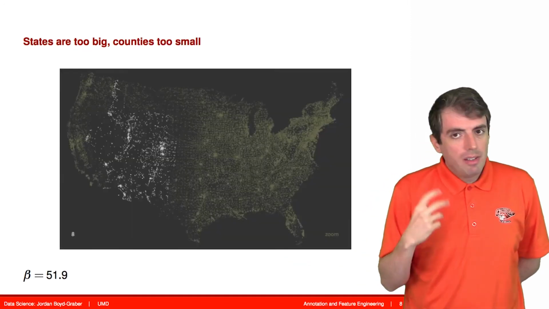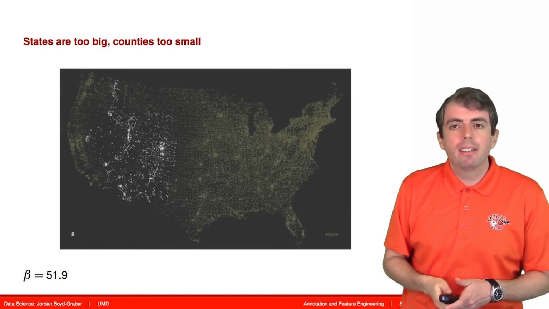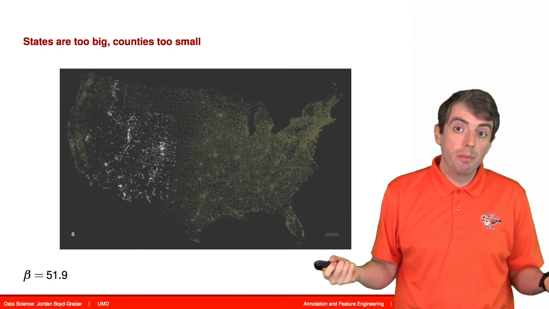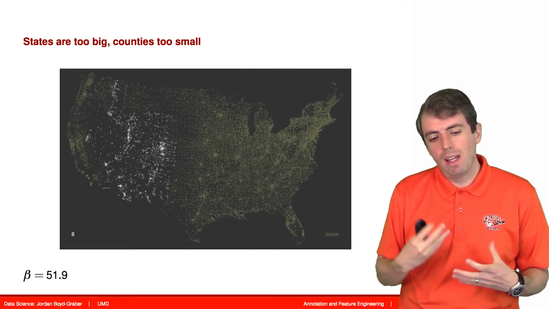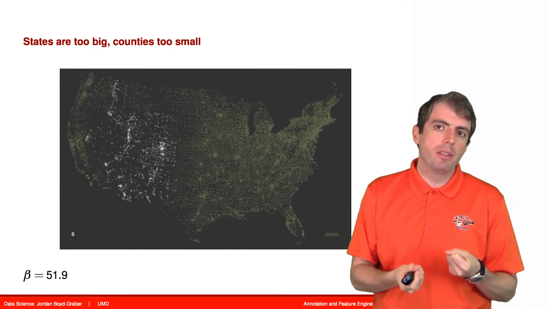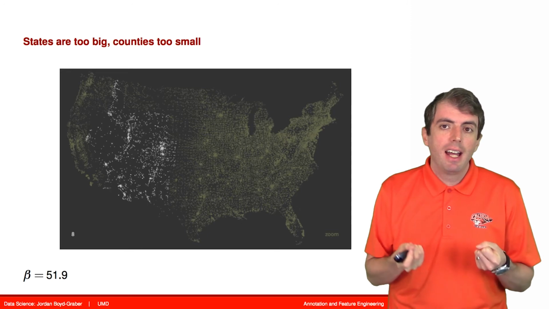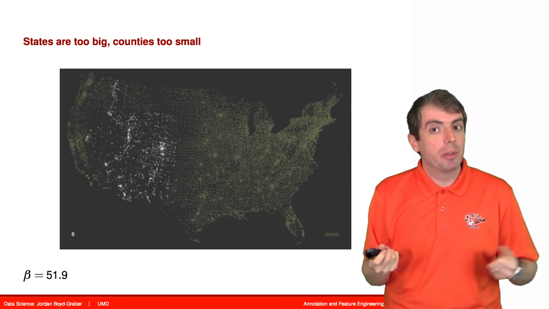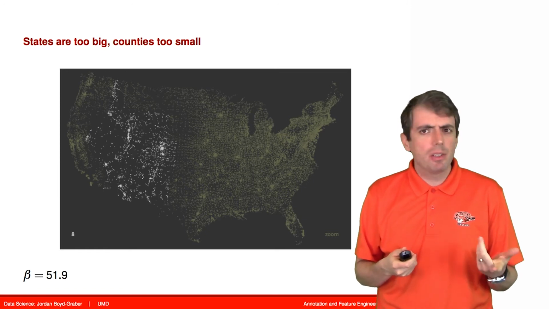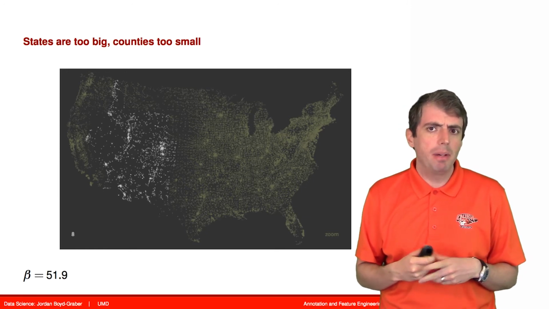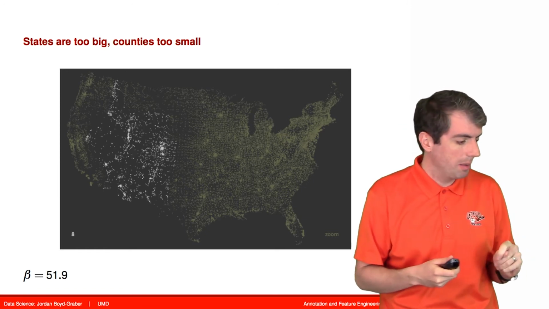So the way to think about this is that states are too big and counties are too small. And is there something that we could do to capture something in between? So we do have the zip codes, and individual zip codes aren't very useful, but the structure of the zip code tells us some information.